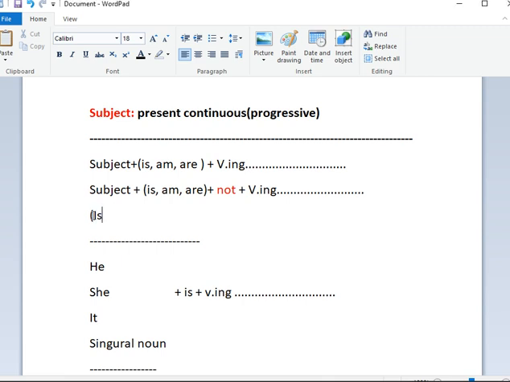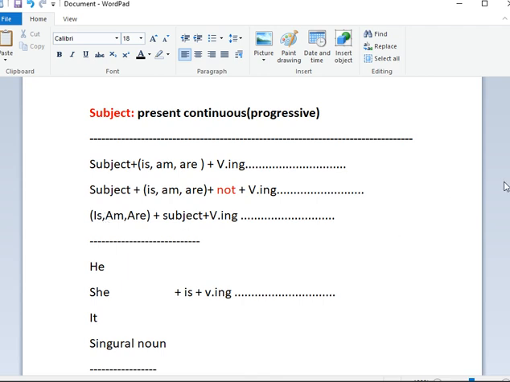I'm writing it in capital because it comes first. Is or are. Then we will add our subject. Then we will add our verb plus ing. Then we will complete our sentence.